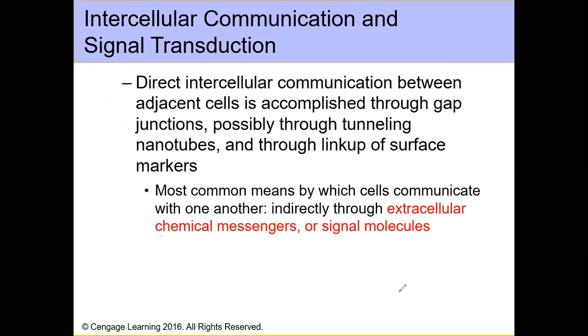However, in some other cases, we may have things that are coming from far place, and the targets or the receptors are located far from the signaling cell. So in that case, we talk of a different chemical, which is a hormone, and we'll look at that again in greater detail.